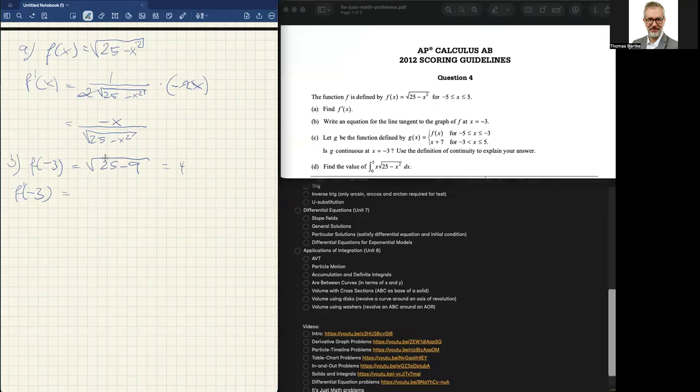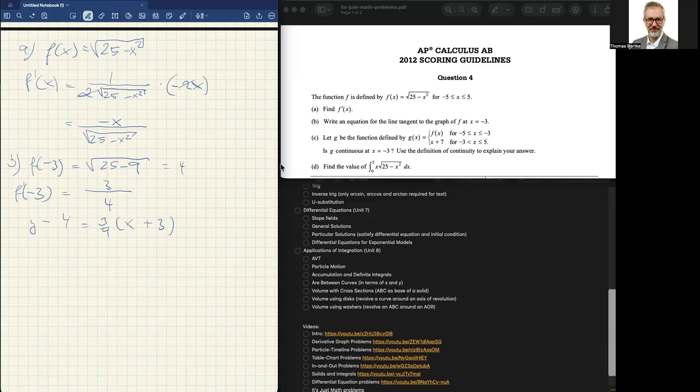And that is negative of negative 3, so that's positive 3 up here. And then at the bottom, we have just the same expression as that. So that's 4. We can reuse that. So the slope is 3/4. So that makes the equation of the tangent line y minus 4 is equal to 3/4 times x plus 3, right? Okay, that's done.